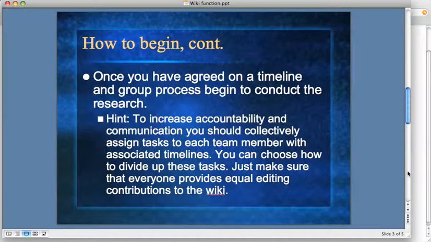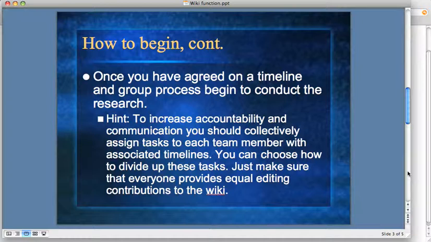Okay, once you've decided on a timeline and group process, you can begin to conduct the research. I'm going to give a hint, and that is that for better accountability and communication, the clearer the expectations and timeline for each person, the easier of a process this is going to be.